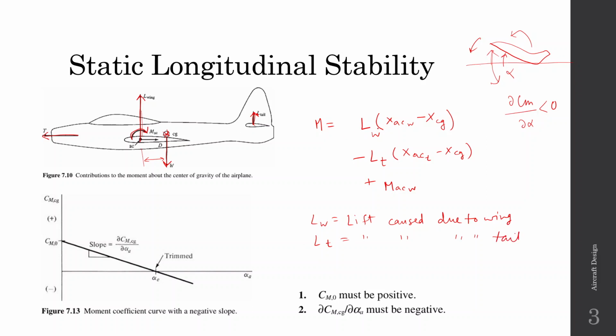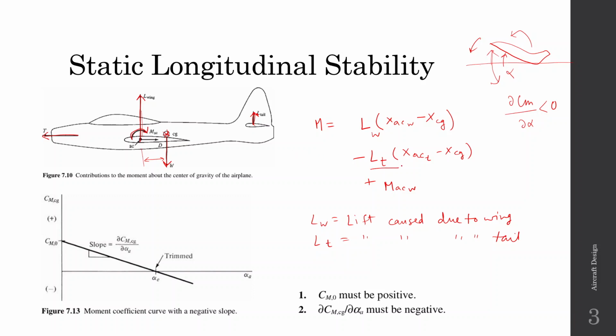Now usually the wing itself, it is not a stable configuration. So usually we require the horizontal tail to make the aircraft stable. Now you can see what are the primary factors which influence the stability introduced by the tail.